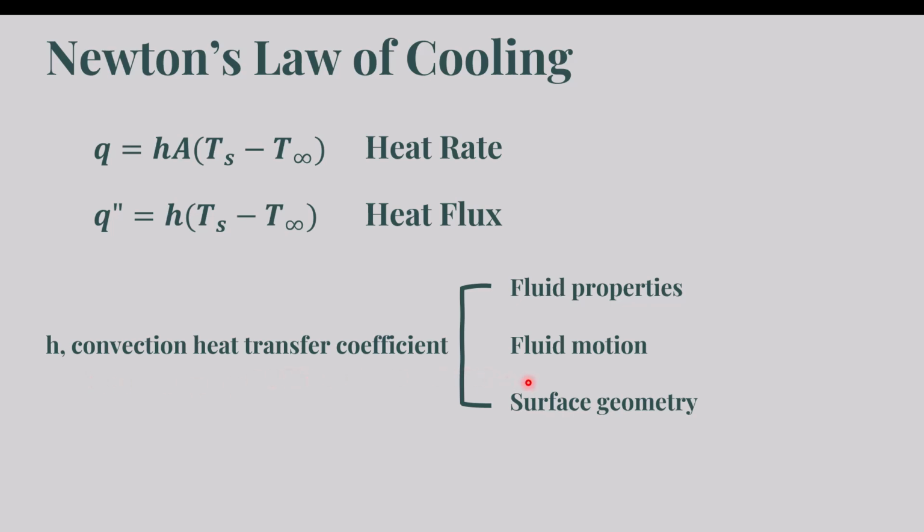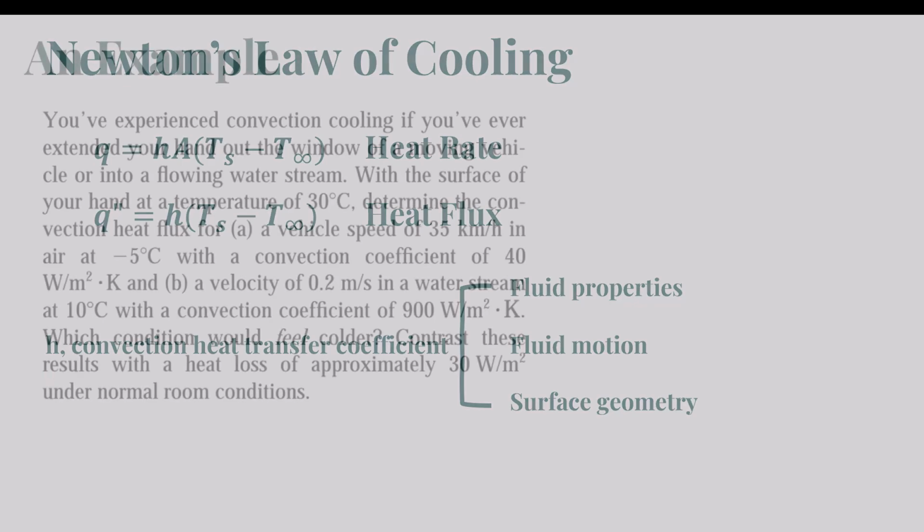You have to know the geometry and the fluid motion. And most of the time you have to rely on the correlations out there. You have to simplify. You have to use your engineering judgment to find out which correlation suits you.